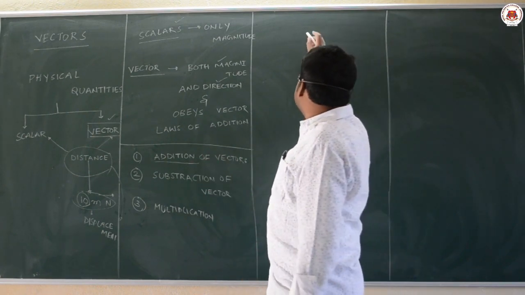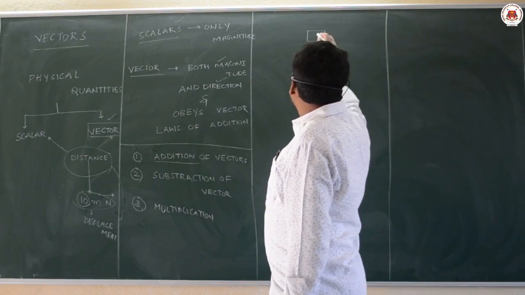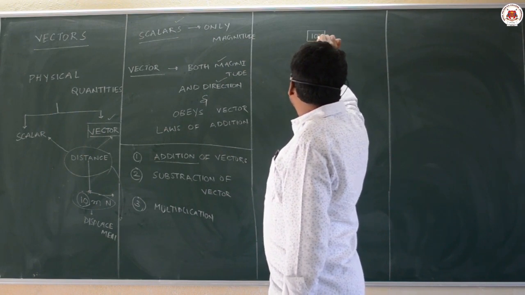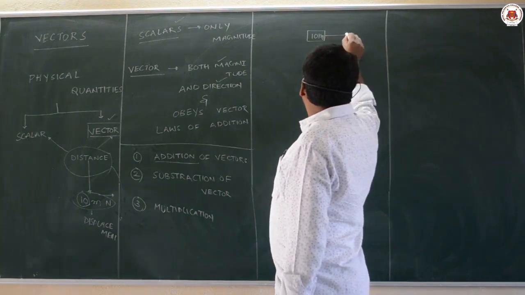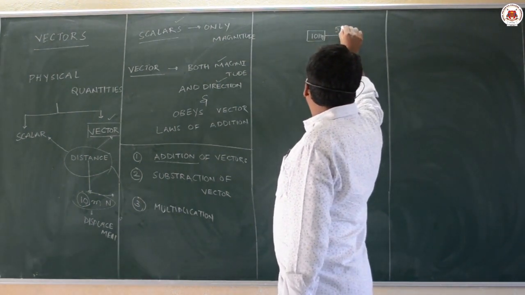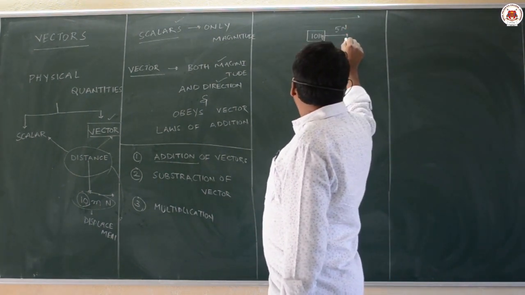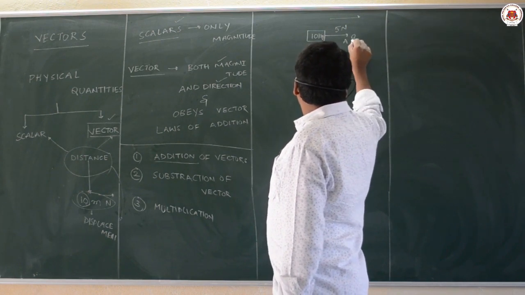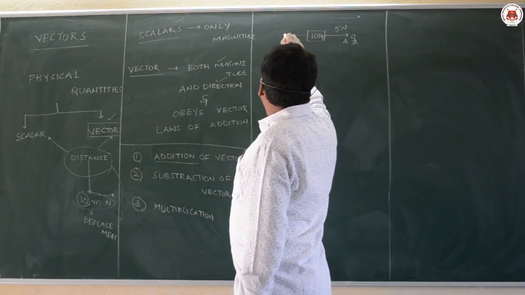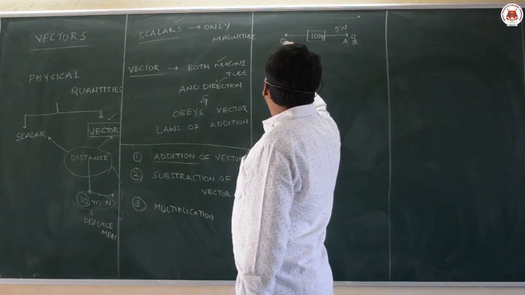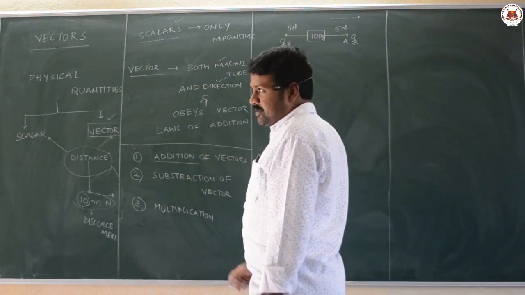For this we can take one example. There is a block of 10 kg. Person A is applying a force of 5 Newton in this direction. Another person, the name of the person I can take as B, is applying the same force like this.